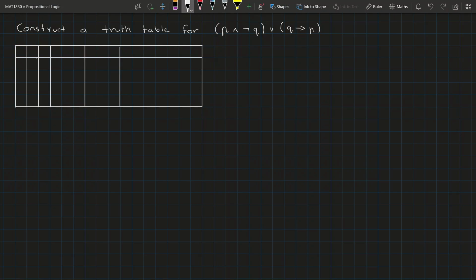Alright, so here we are asked to construct a truth table for P and not Q, or Q implies P. So first I'm going to start out by writing P, Q, and then I'm going to write the possible values for P and Q. Now for not Q, and now we do this part of the statement.